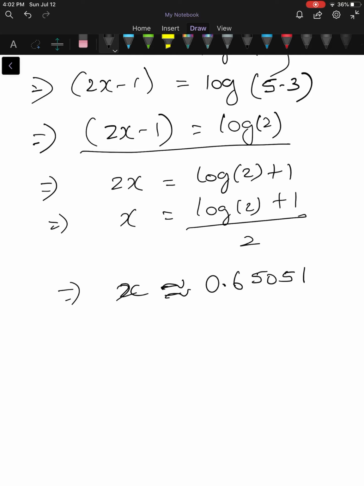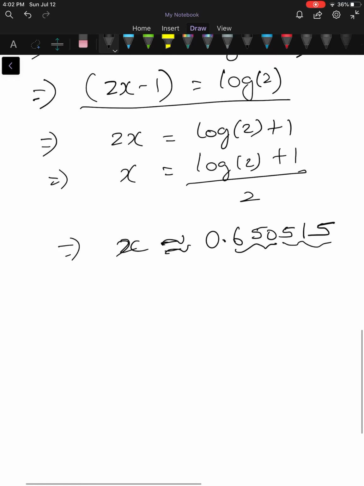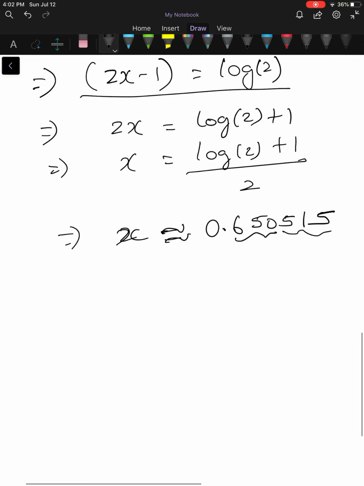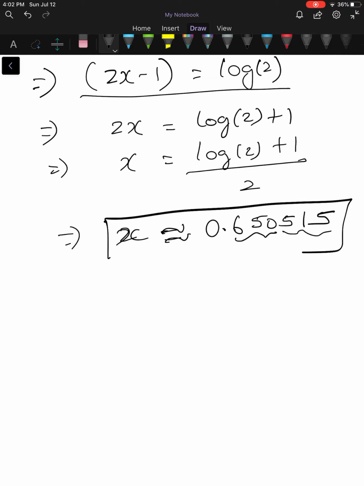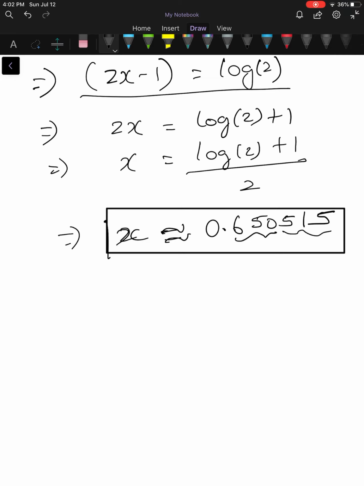After 4 I have 9, so I can approximate it to 5: 0.650515. Yes, there are 6 digits after the decimal point. This is the solution for the equation.